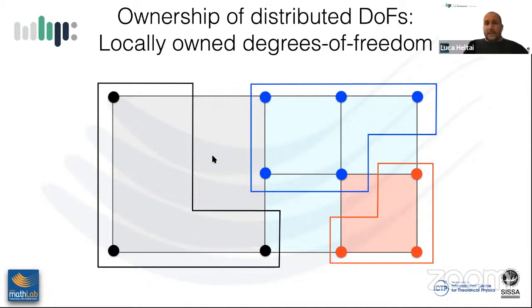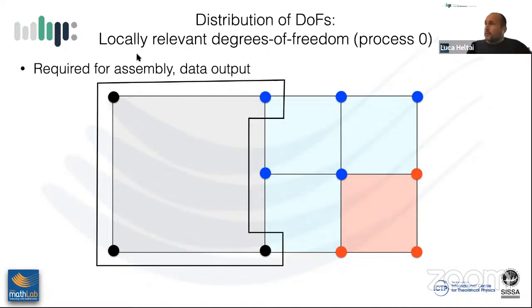So if you look at the terminology used in deal.II, those guys, the ones that I'm now circling with brackets, with the lines, are locally owned degrees of freedom, while the ones that are used, for example, for assembly or to output data, are called locally relevant degrees of freedom. And the locally relevant degrees of freedom for process 0 are all the ones that share at least 1 degree of freedom with the owned cells.